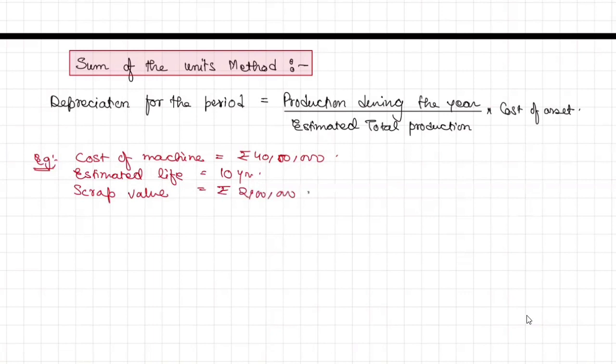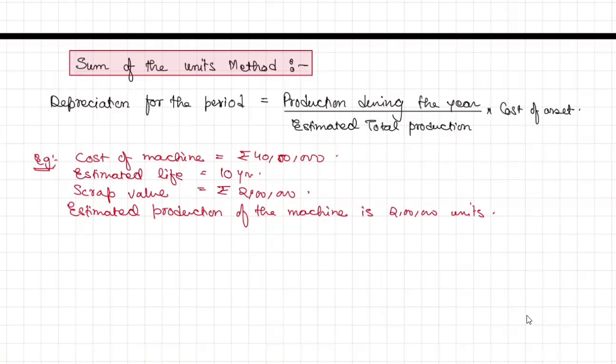Now something more will come over here in details. It is estimated production of the machine, say for example, is 2 lakh units. So this machine during its whole lifetime, that is estimated to be 10 years, will produce 2 lakh units, is all that it means.